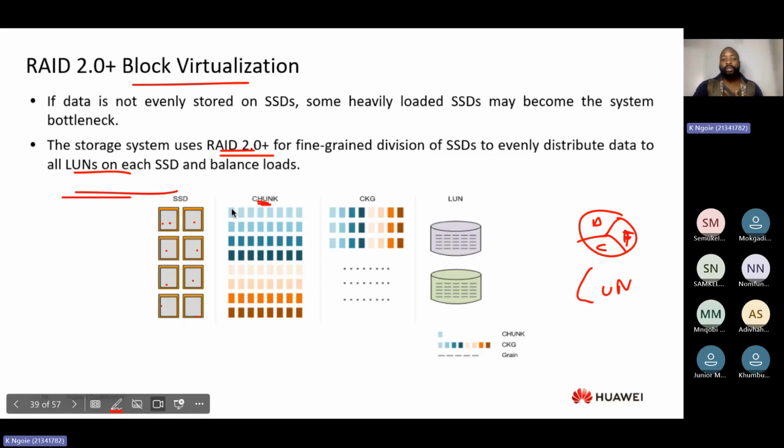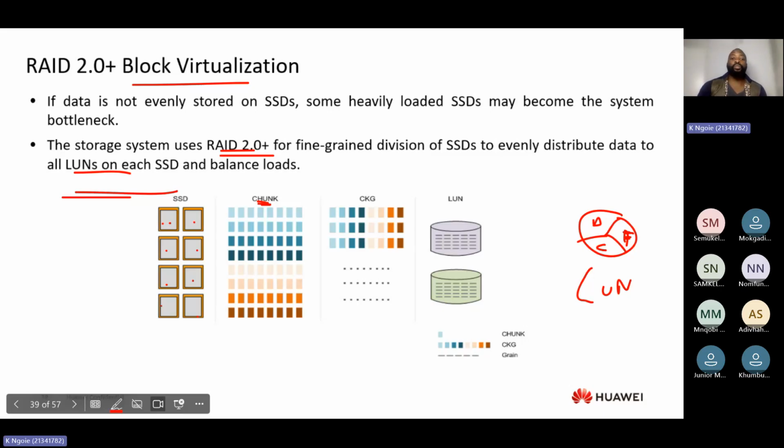Think about them that way. Okay. So now these CKs from different disks will be grouped together according to a certain RAID policy. What does it mean? It means we're going to use these disks with maybe a RAID 5 or RAID 6 scheme, depending on what we want to use.